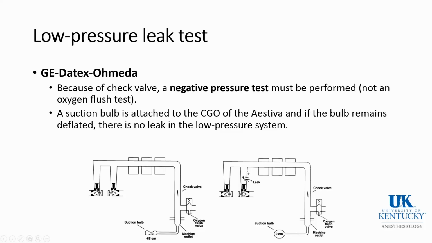If there is a leak here, this suction bulb will not maintain the negative pressure. So this is a test which I did teach people to do at one time when we had more Aestiva machines.